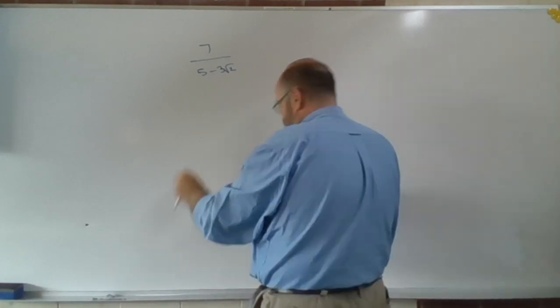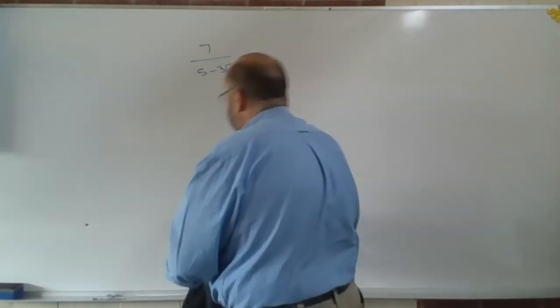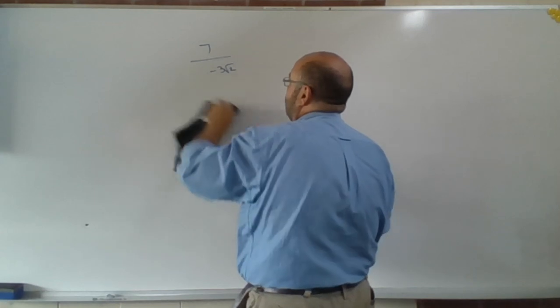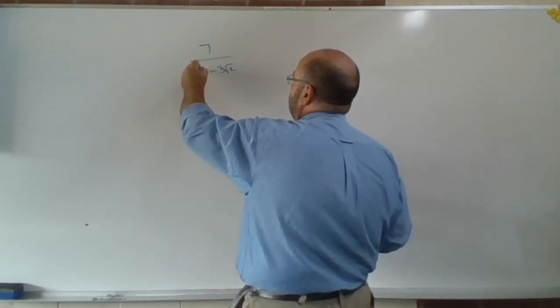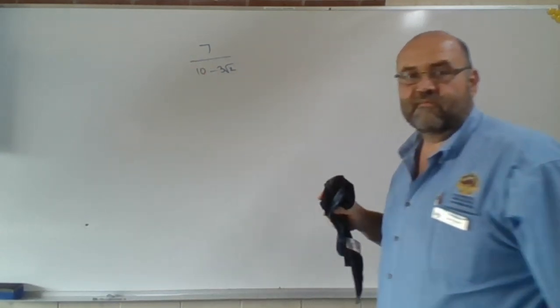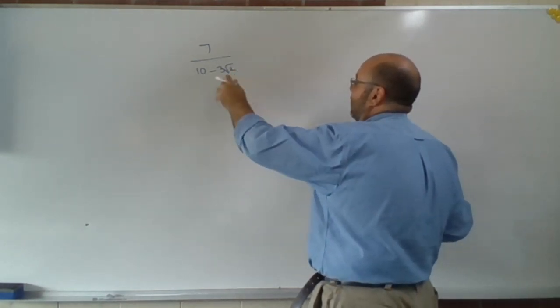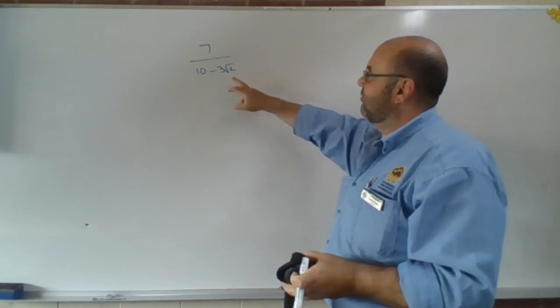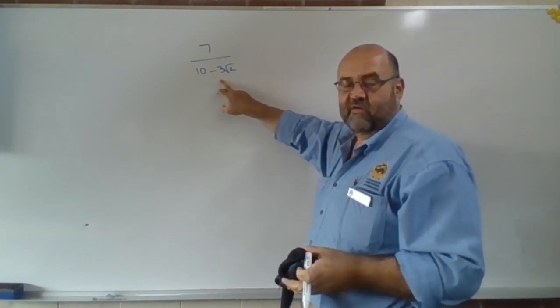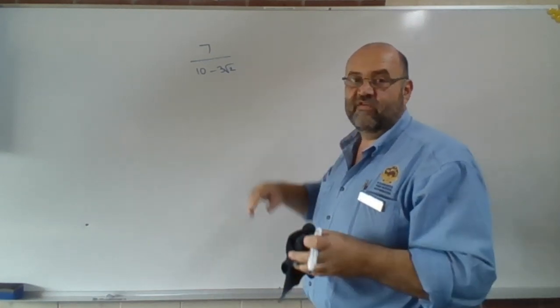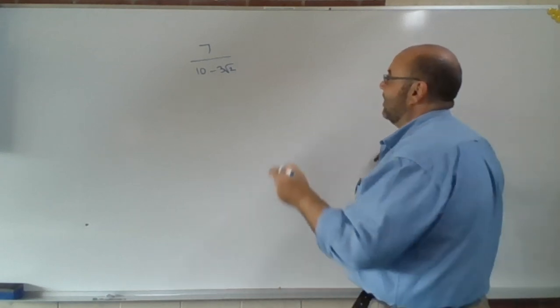Let me make that number a little bit bigger. Let's make it 10 minus 3 root 2, just so we get a positive. And I want to rationalise the denominator. Well, look, now I've got a coefficient that's not 1 in front of my third. Okay, let's see what happens now.